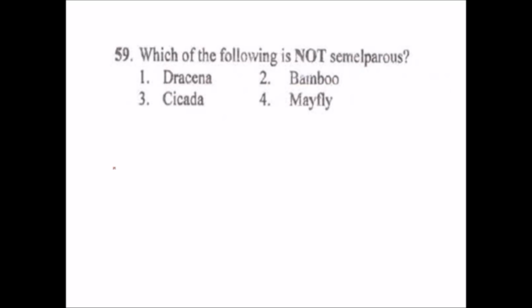On this basis, we know that bamboo also has a single lifespan and reproduces only one time, so it will not be the answer. Mayfly also has a short life, and it dies after one reproduction. So the only one left is Dracaena.